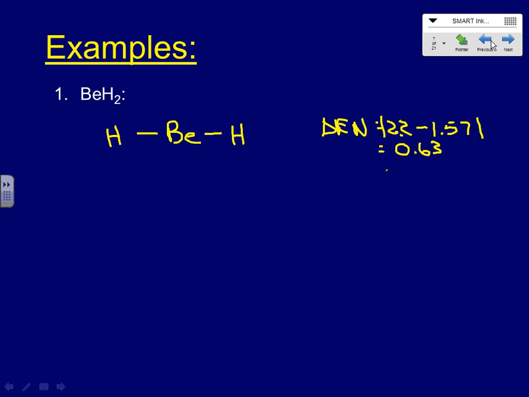And then again, we can say, therefore, polar bonds, right? This thing has polar bonds. The higher electronegativity is the hydrogen, which means my dipoles will head out towards the hydrogens. Arrow heading out to the H with the plus on the inside, arrow heading out to the H with the plus on the inside.